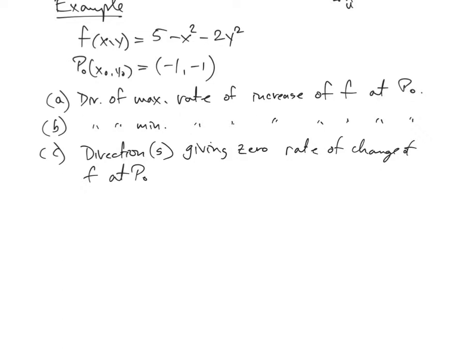But it's x squared minus 2y squared, so maybe that's not a circle, maybe that's an ellipse, right? And z is equal to 5 minus x squared minus 2y squared, which means the negative on the x squared and the minus 2y squared. You know, z equal to x squared, you know what that is.